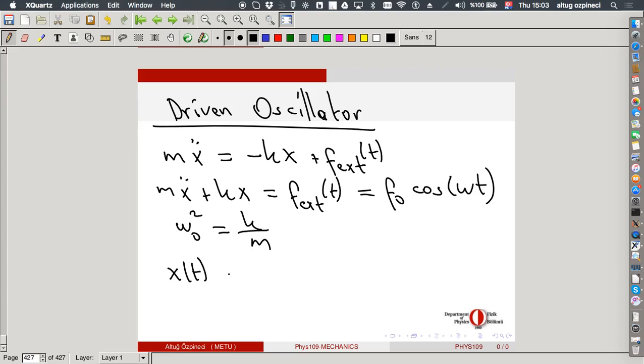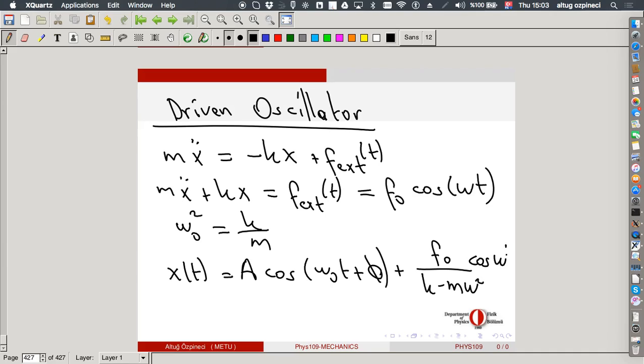So x of t is equal to A cosine omega 0 t plus phi. This is as if this driving force is absent, plus F0 over k minus m omega squared cosine omega t.